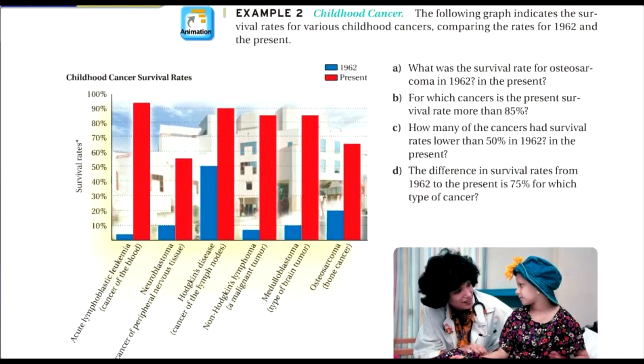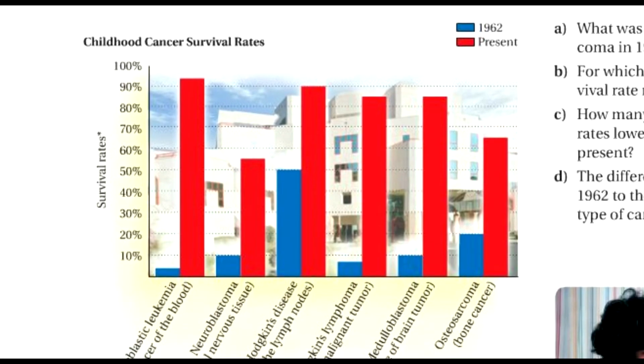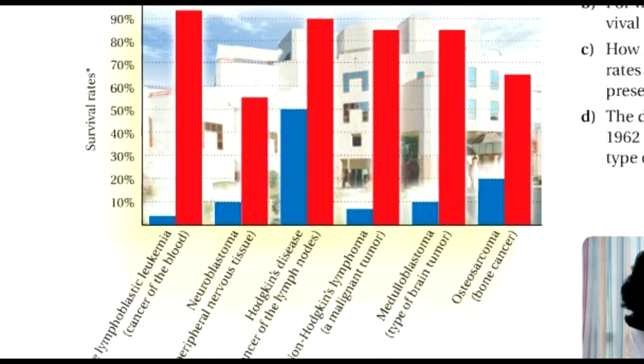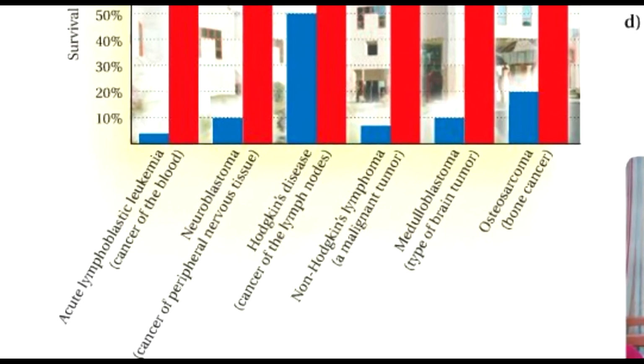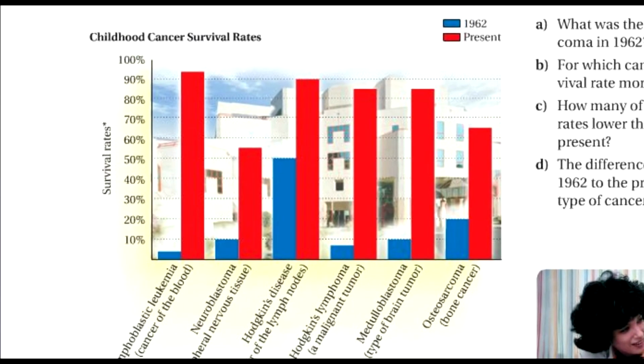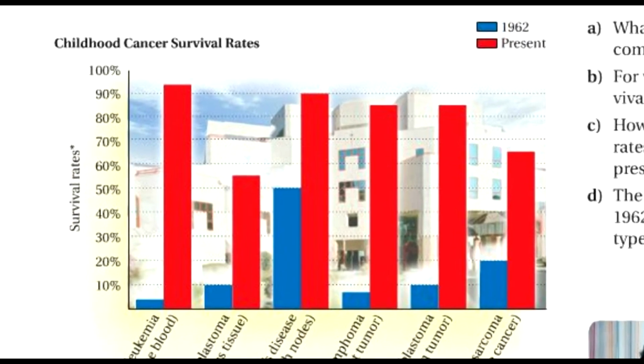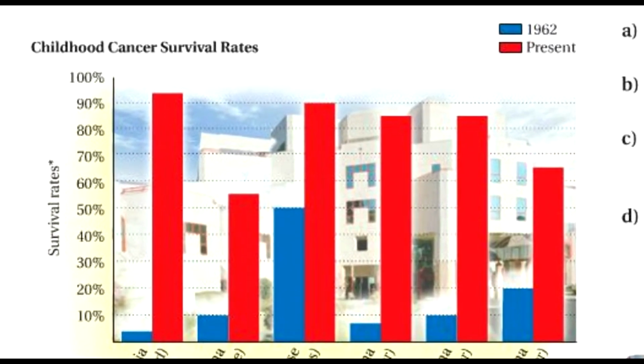The next page is also a bar graph, but it's a comparative bar graph of childhood cancer survivor rates. If you see the listing there, it has all the different types of cancers. The blue represents the survivors in 1962, and the red represents the present. As you notice, the survival rate of the present is better than in 1962.